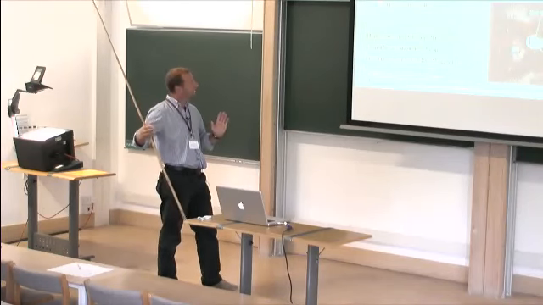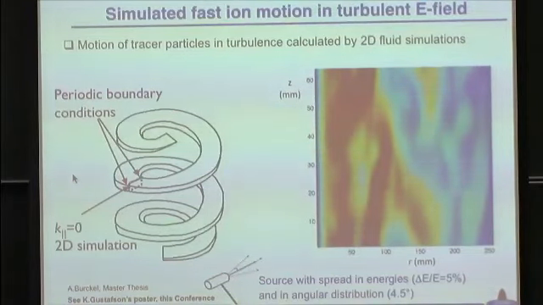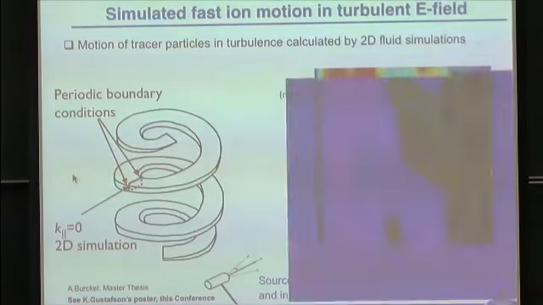What we do is inject the fast ions with the exact source characteristics as in the experiment, and I don't know if you can see, there's a tracer here, and look at what happens to them as they go along the machine in the presence of the electrostatic turbulent field modeled by the 2D simulation. In this case, I think we multiplied the field by a factor of 2 to make it the same amplitude as we measure. And I think you do something very similar, don't you?